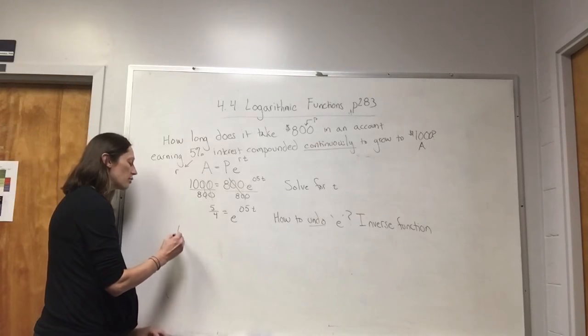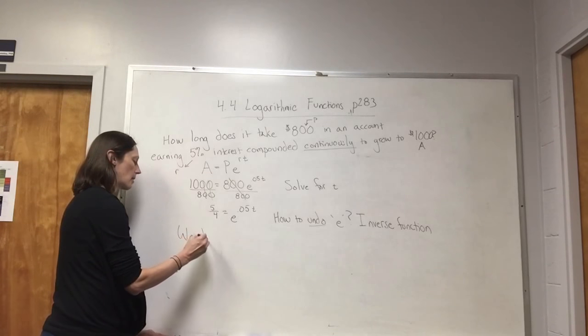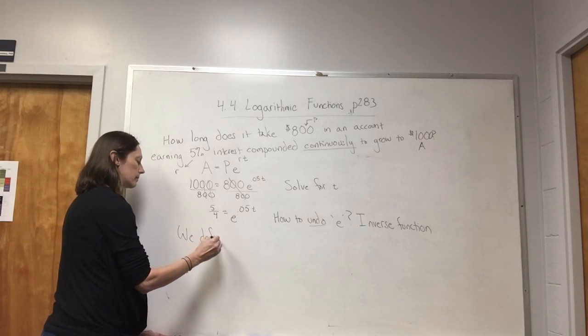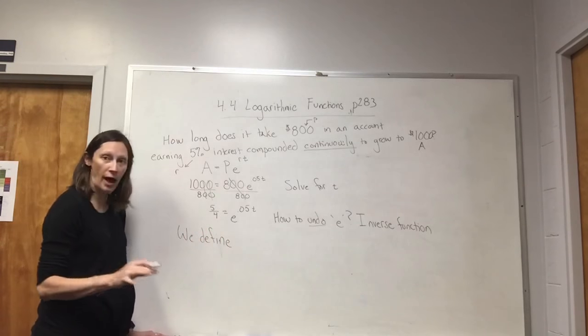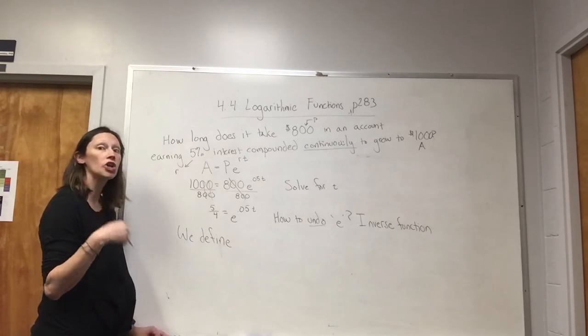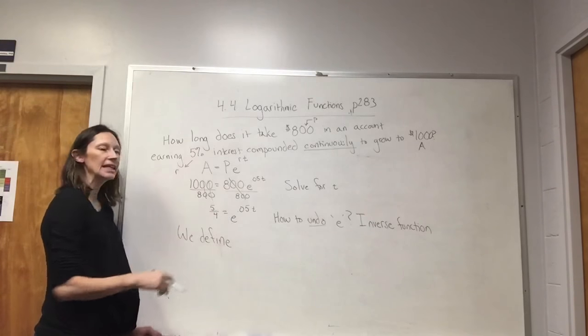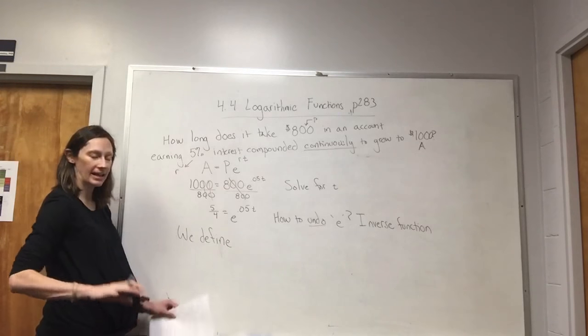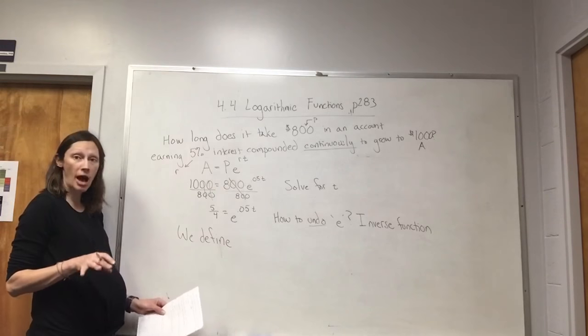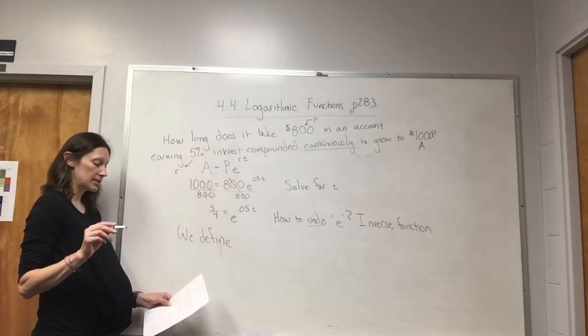So we define the following function, and this function will undo not just the e, but in fact any exponential function. So I'm not going to have e's in this next line, I'm going to replace them with a's.